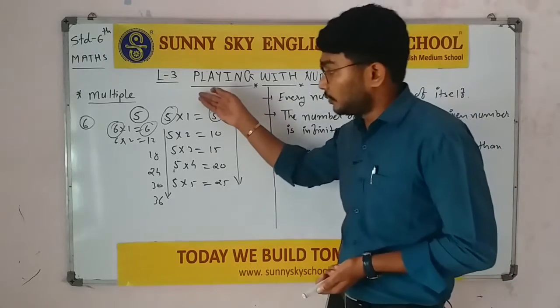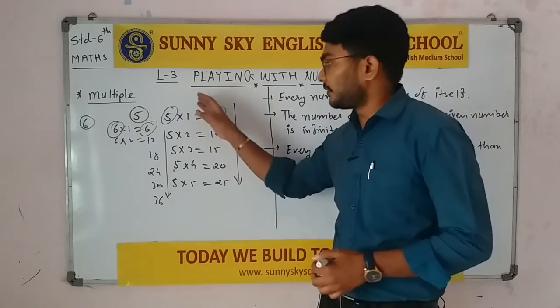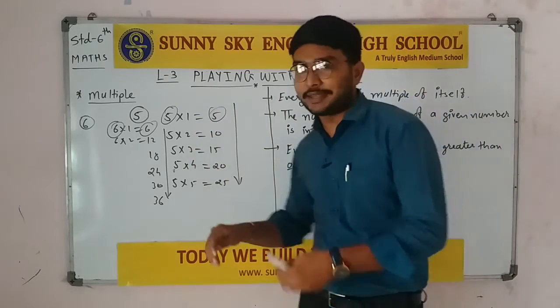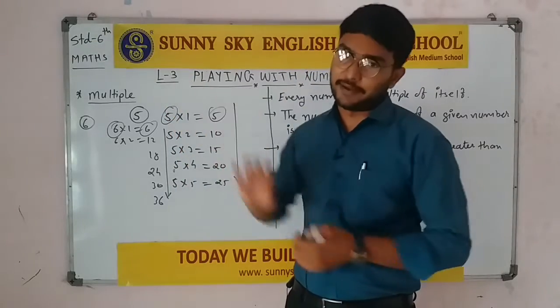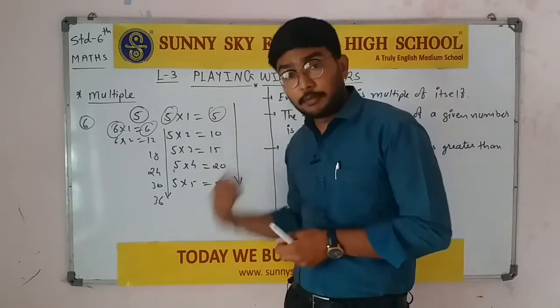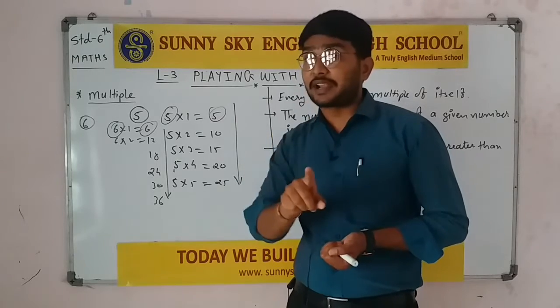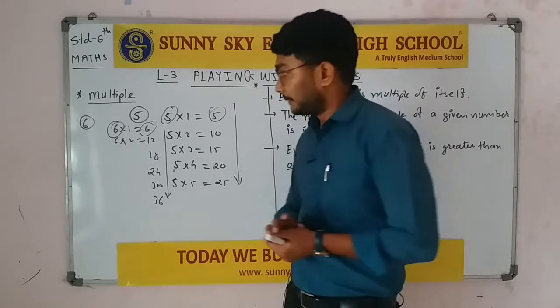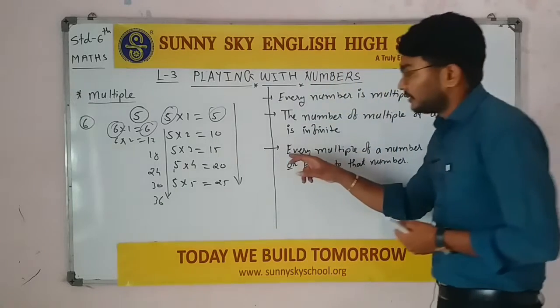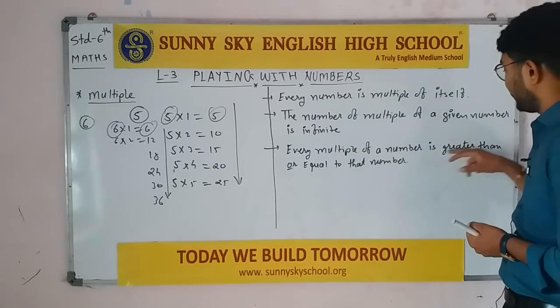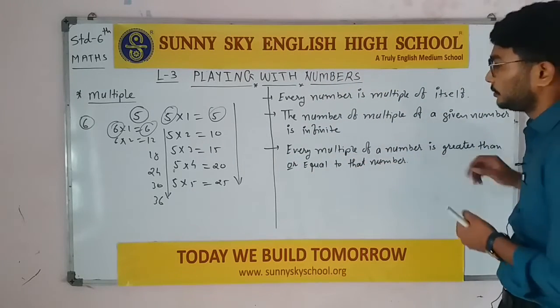See, here you can do multiplication with infinitely many numbers: 1, 2, 3, 4, 5, 6, 7, 8, 9, 10 up to infinity. It means the number of multiples of any number is infinite, but the number of factors is finite. Then every multiple of a number is greater than or equal to that number.